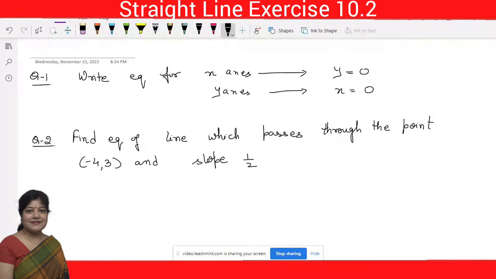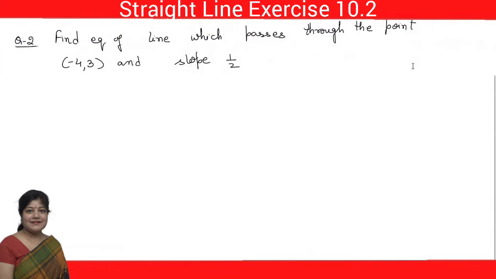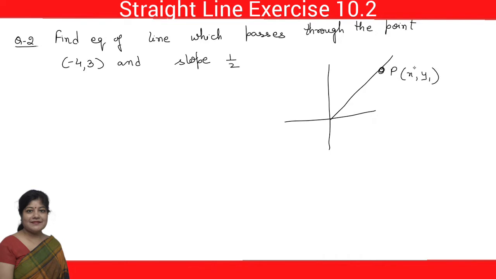Just see on the screen. For example, this is our quadrant and this is a line. It passes through a point P. Let its point be x1, y1, and its slope is given to us as m.